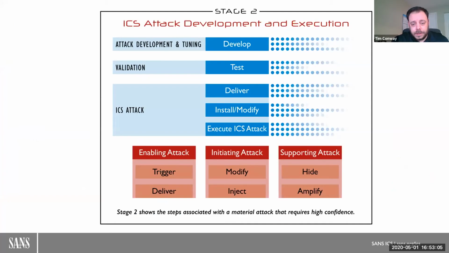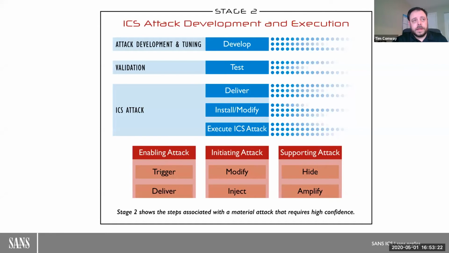Moving specifically into the stage two industrial control system elements, this is where gaining access and simply finding a vulnerability to exploit could cause a denial of service event, for sure.